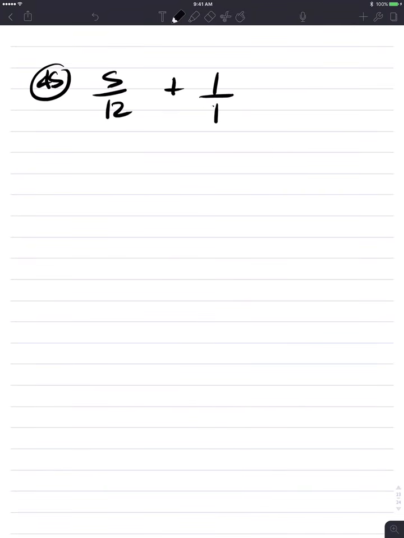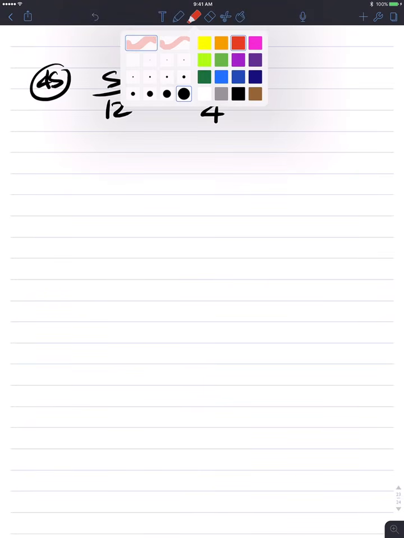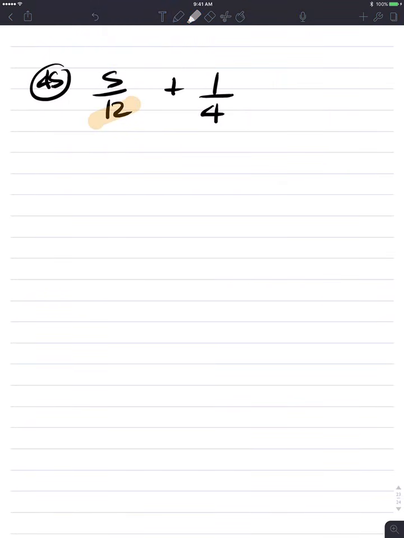45. 5/12 plus 1/4. Again, 12 and 4 are not the same. They are unlike. And I have to do my setup.